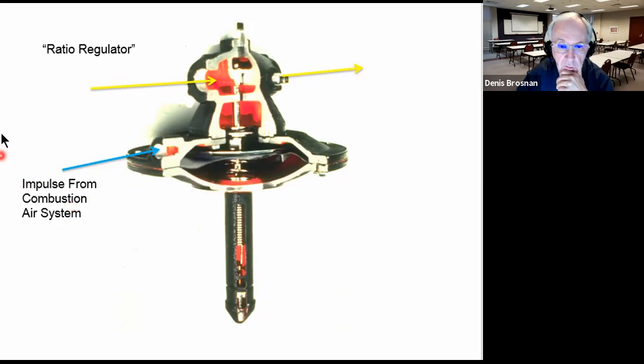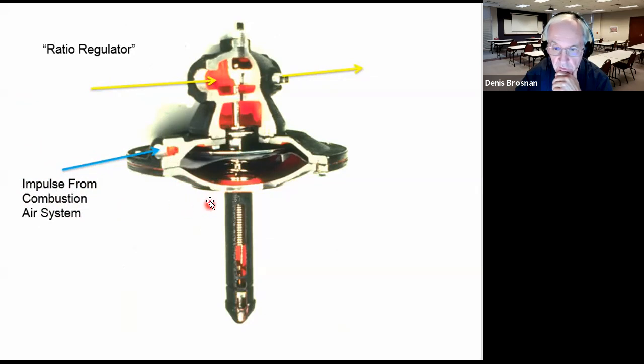Okay, so there's a pipe, a little tube coming from the air system, sensing the static pressure on the wall of the air system, the air delivery pipe. That static pressure is inserted into the ratio regulator. So you get more air, it's going to push this diaphragm up, and you're going to get more gas, or vice versa.